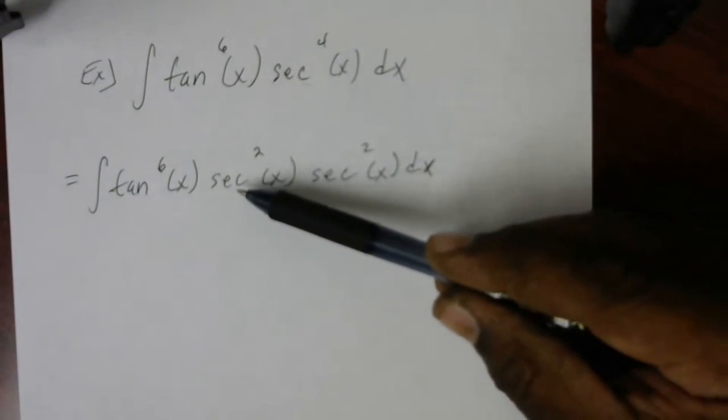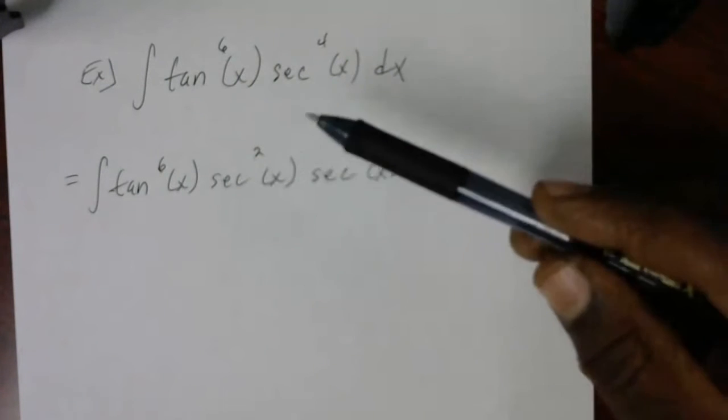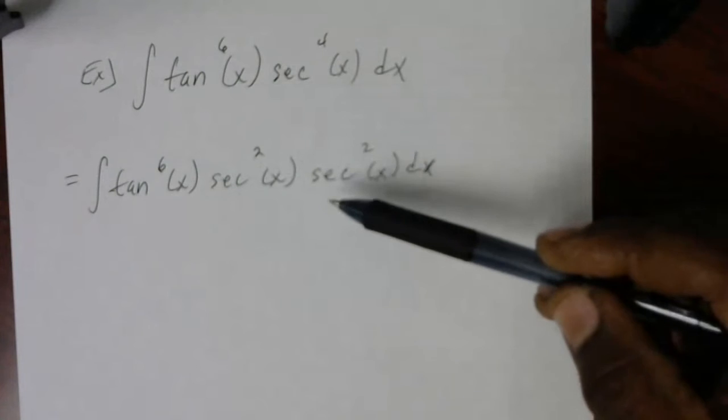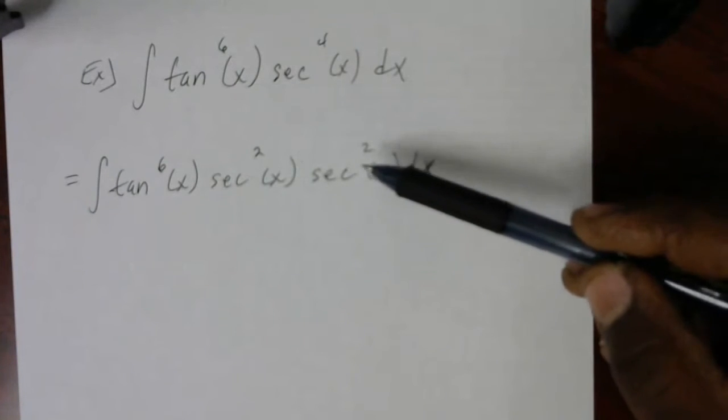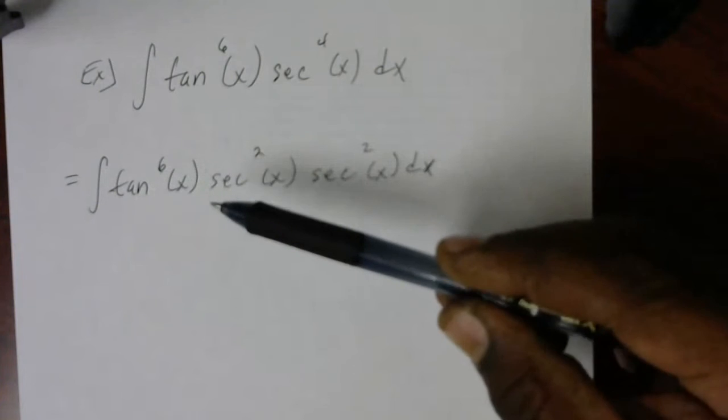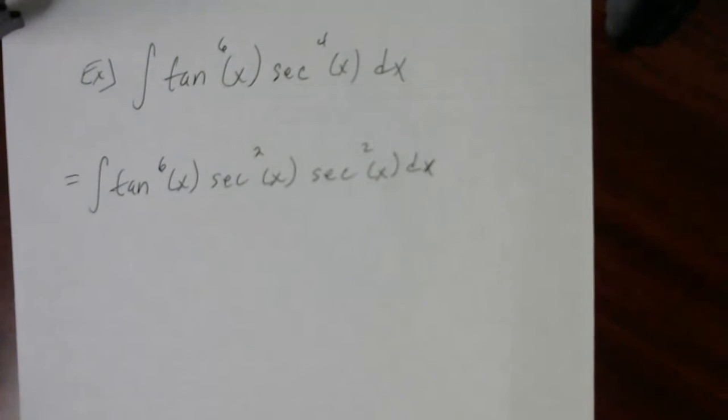Now this is one of the reasons why you want to look for a secant to the 1st, tangent to the 1st, or a secant to the 2nd. It's because there's a relationship between tangent and secant to the 2nd power.